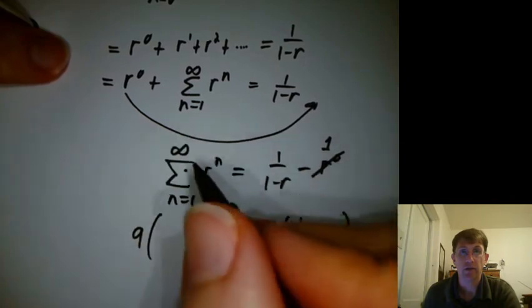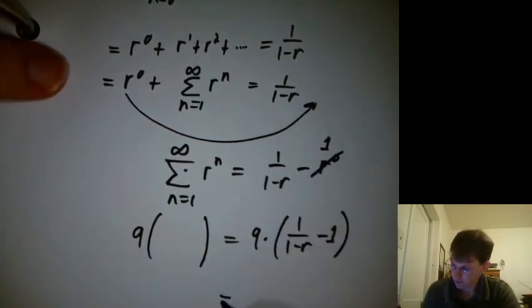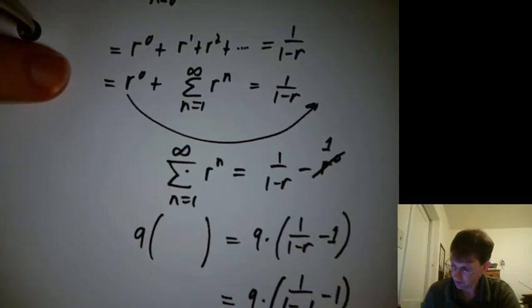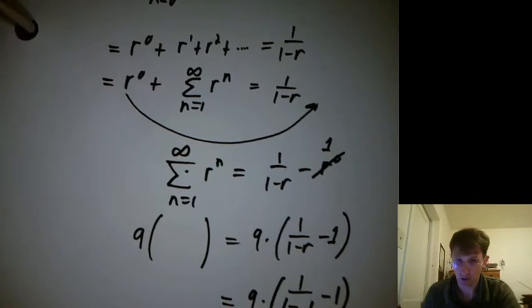So that's our original problem. We had the 9 in here, but it could be out there as well. So ultimately what we're getting is 9 times 1 over 1 minus r of 0.1 minus 1. So we get 9 times 1 over 0.9 minus 1.